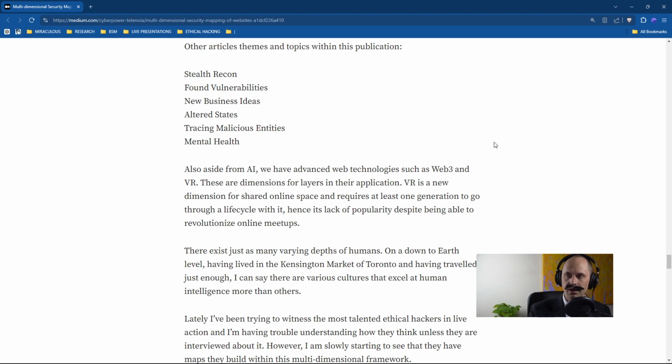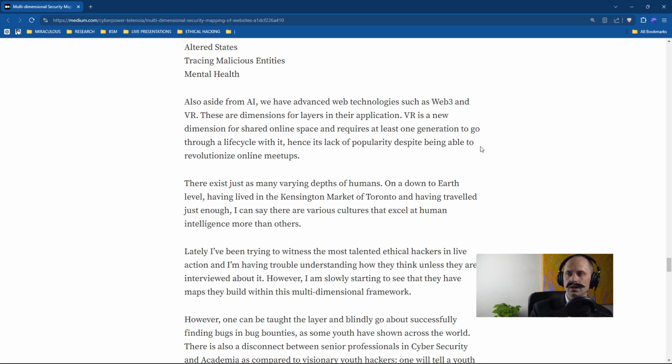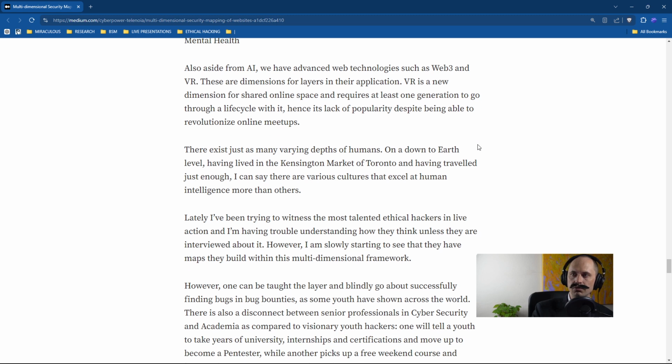Also, aside from AI, we have advanced web technologies such as Web3 and VR. These are dimensions for layers in their application. VR is a new dimension for shared online space and requires at least one generation to go through a life cycle with it. Hence its lack of popularity despite being able to revolutionize online meetups.